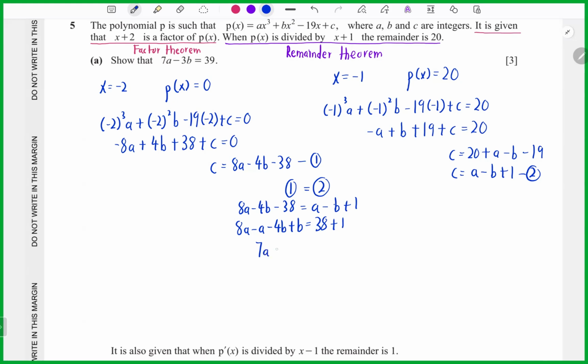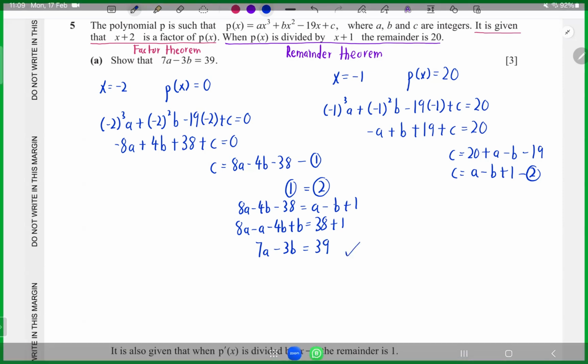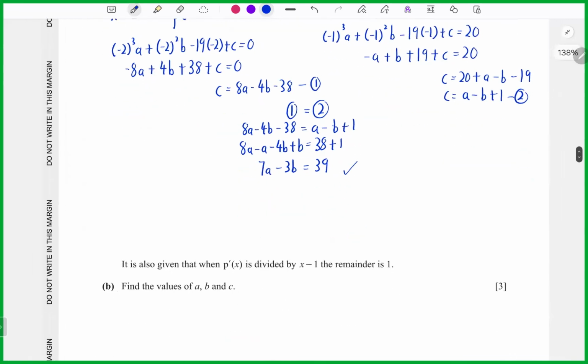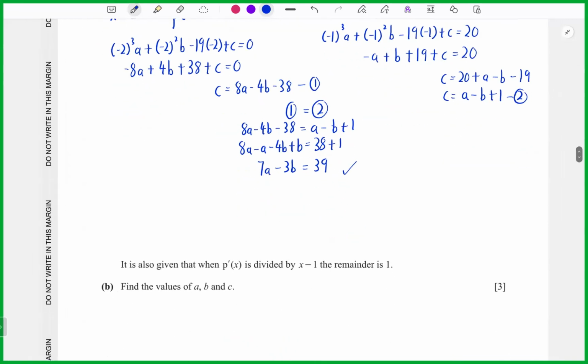So 7a minus 3b equals 39. Okay, so you already get this equation. Now we go to the next part. It is also given that when the first derivative is divided by x minus 1, the remainder is 1. Find the values of a, b, and c.